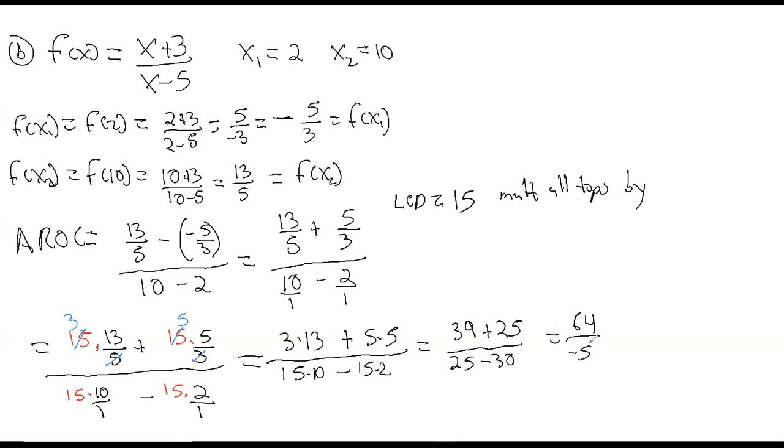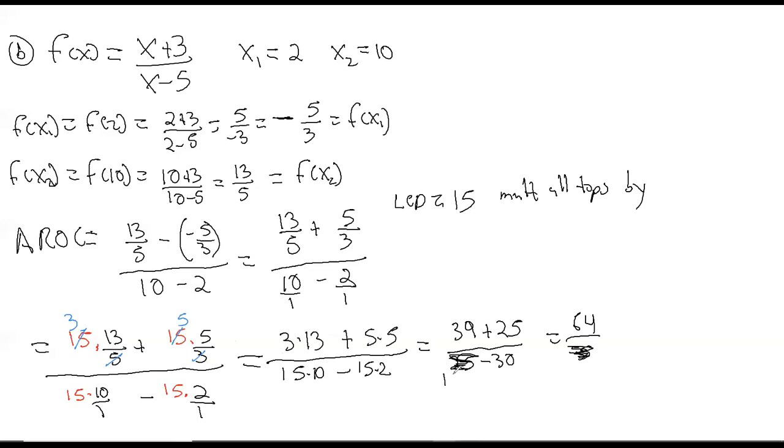What did I do wrong here? I feel like I did something wrong. 15 times, oh geez, did I say 15 times 10 is 25? Yep, y'all caught me. Thank you. 15 times 10 is not 25, obviously. It's like something's looking weird here. 15 times 10 is 150.